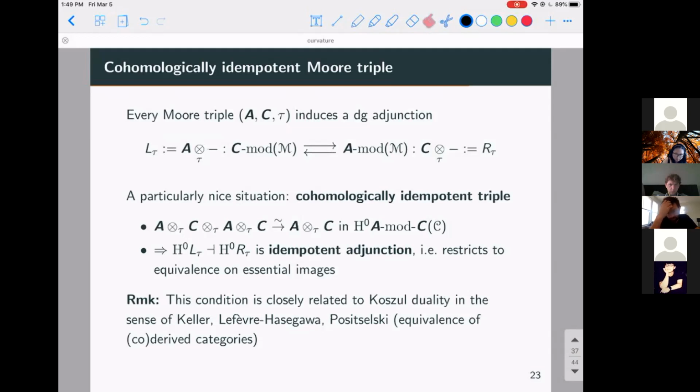So the way you can think about this is that these functors are kind of resolving each other. So you can start with an A module, and then by tensoring with C on the left, you're taking some kind of resolution.